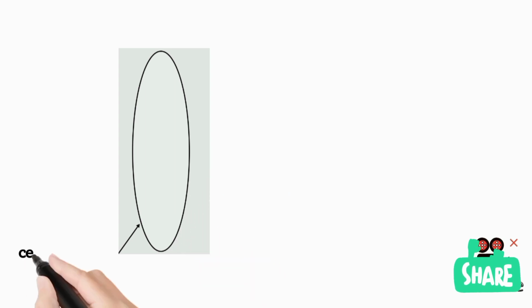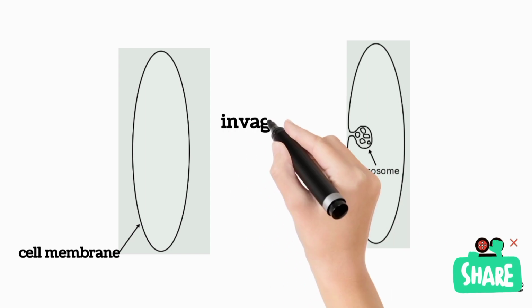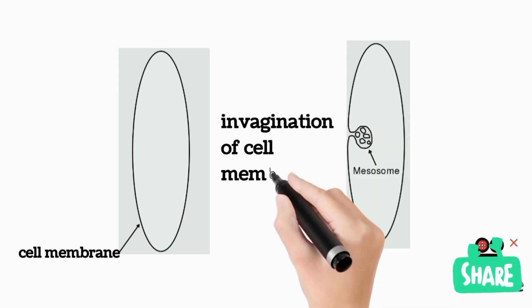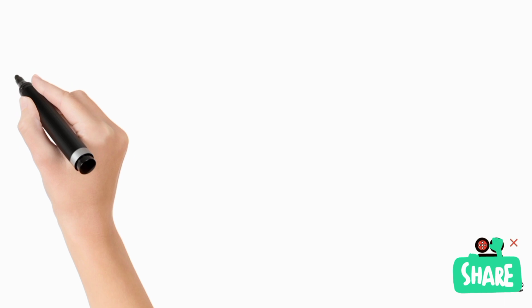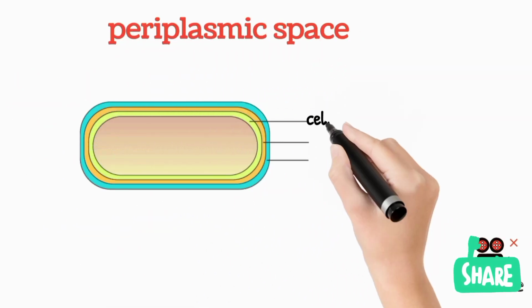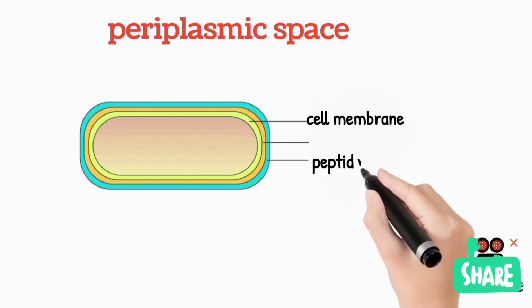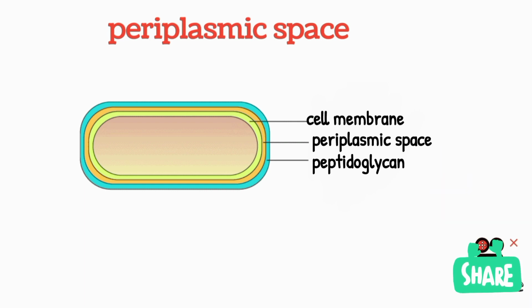So you can see this is the cell membrane, and this is the invagination of the cell membrane, and this is how invagination of the cell membrane forms the mesosomes. It has an important role in cell division and secretion. Finally, we can discuss the periplasmic space. So see, this is the cell membrane and the outside layer is peptidoglycan just outside the cell membrane, and below the peptidoglycan cell wall layer we have this typical periplasmic space. It is also an essential component of bacteria.